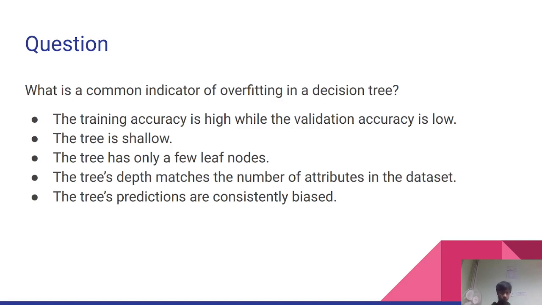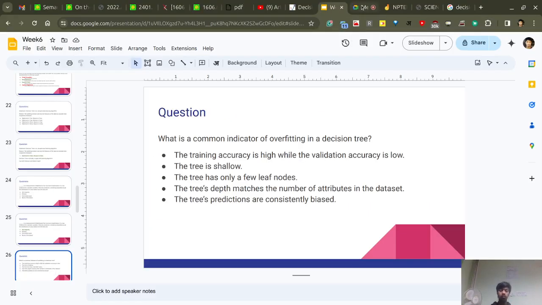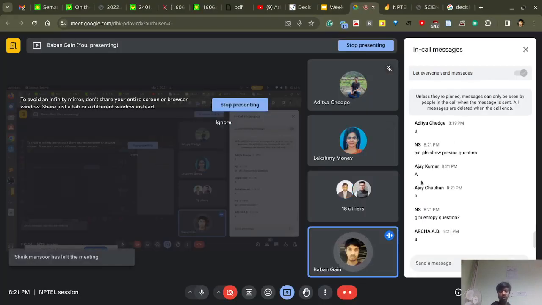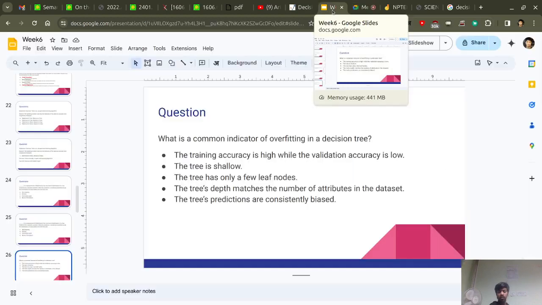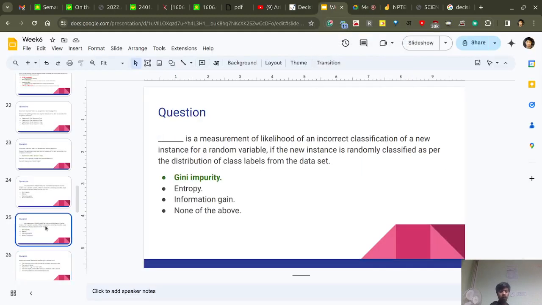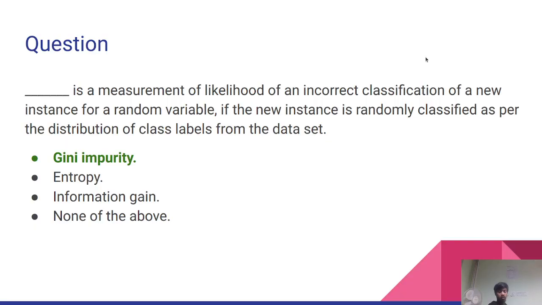If I ask you to pick only one, which one would it be? A. Not only in decision trees, this is not a Gini entropy question. In the previous question the answer was Gini impurity.